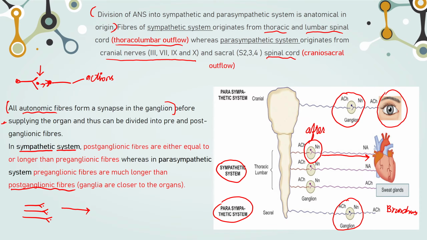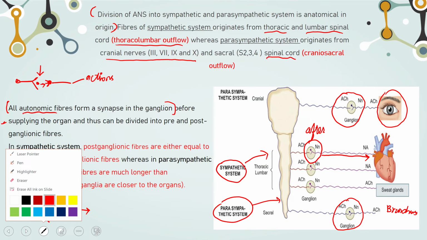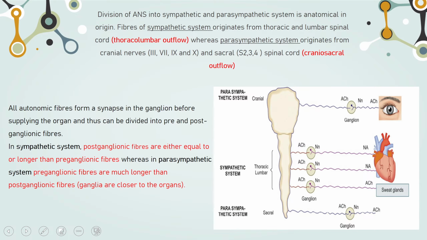See here, even in the sympathetic system, the neurotransmitter before the ganglion is always acetylcholine.